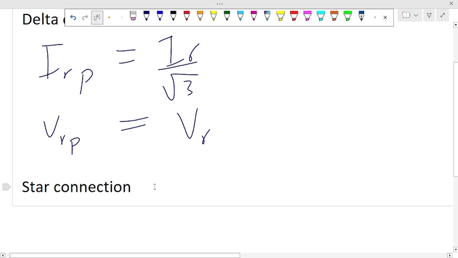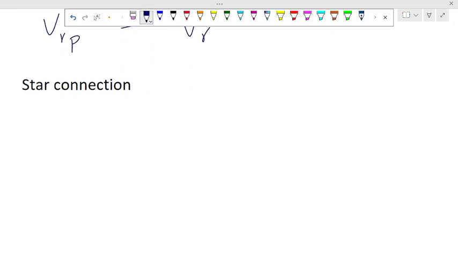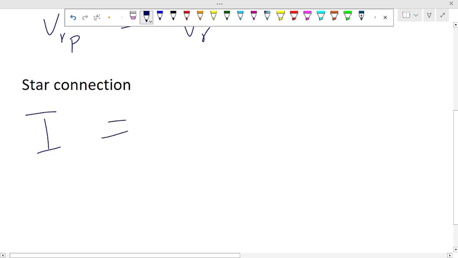Then for a star connection, think of it like a series network. And you know, in a series network, the current is the same all through. That means the receiving end current per phase is the same as the receiving end current for the 3 lines.